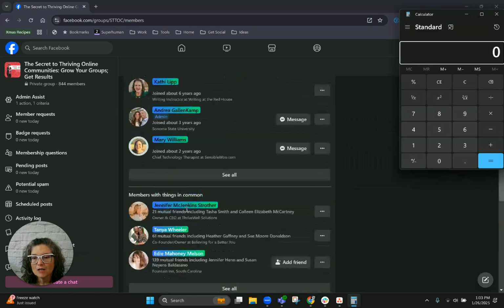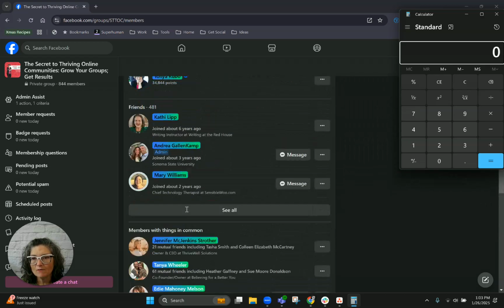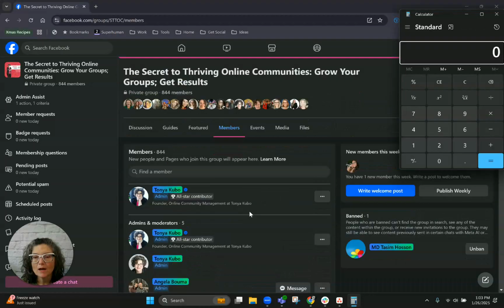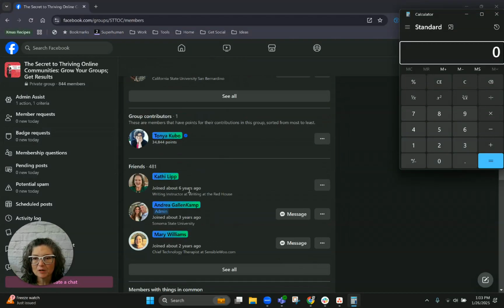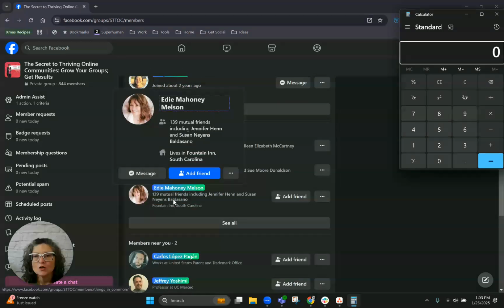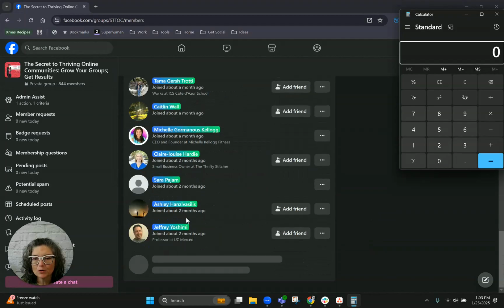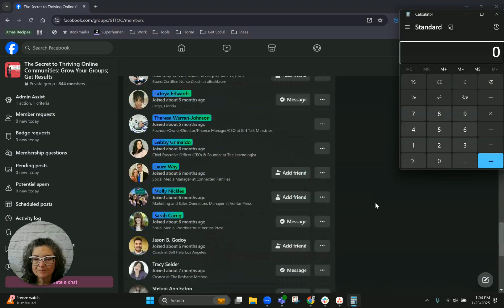And you're going to go down here, and you are going to see that you've got various ways that Facebook is categorizing your members, right? So you've got members, you've got your admin team, you've got group contributors, friends, usually people with things in common, members near you, people who are new to your group, and you'll keep scrolling.